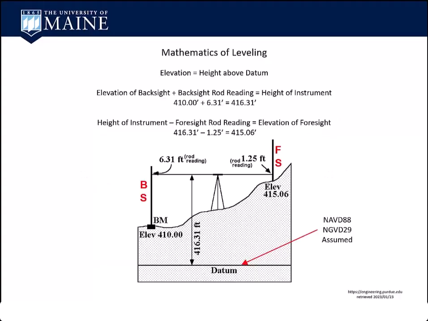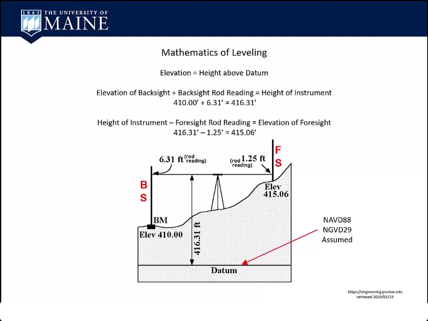So in the mathematics of leveling, it's addition and subtraction. There's two equations to remember. The elevation is the height above your datum. It could be NAVD 88, NGVD 29, could be assumed. You'll see later there's all sorts of datums out there.